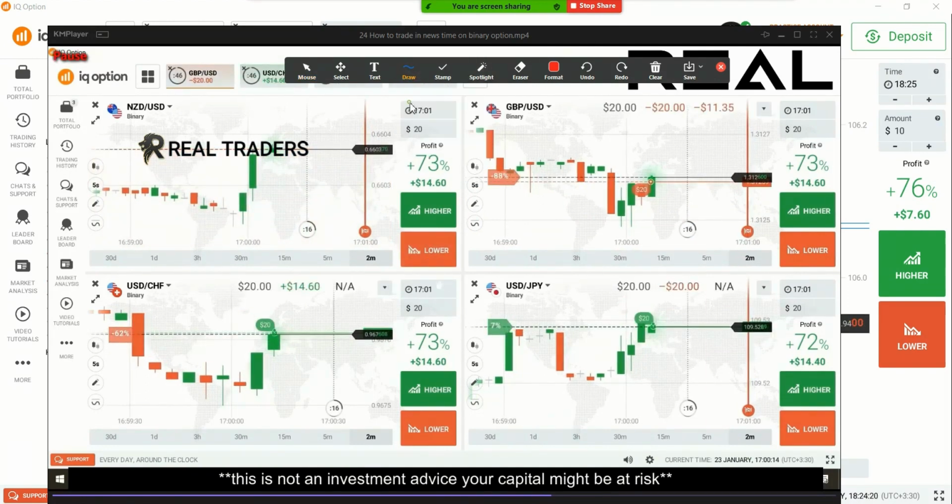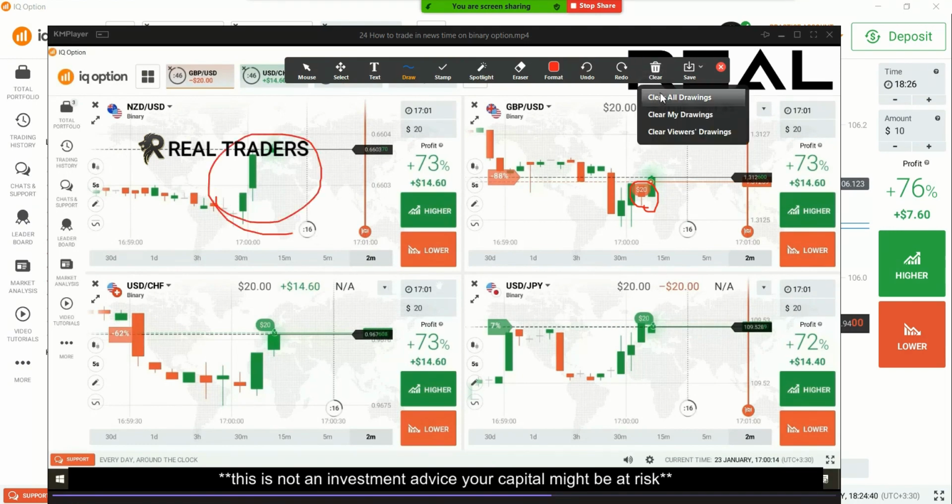But here you can see this is not a good confirmation, I placed directly, so you need to wait for a good confirmation like this one at least. A medium candle is not that strong, so this is not a good confirmation, but I placed my trade directly here.